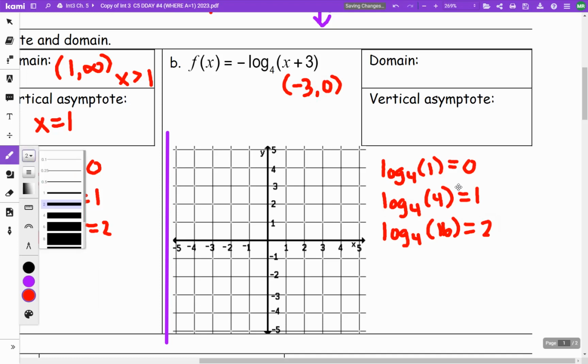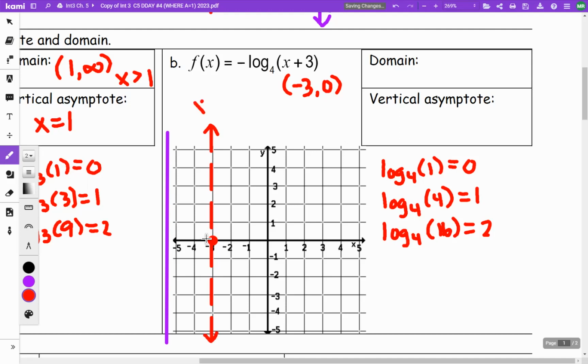So I'm going to go to -3, 0. I am going to have a vertical asymptote going through this. Let me draw my vertical asymptote through this. And the equation of this is going to be x equal -3. That's going to be my asymptote.